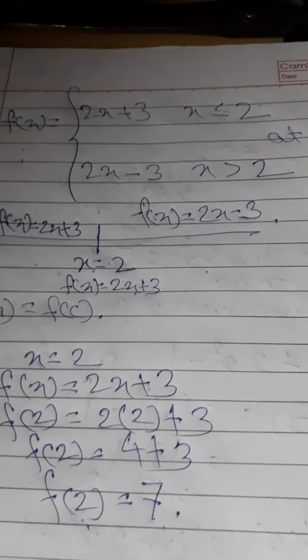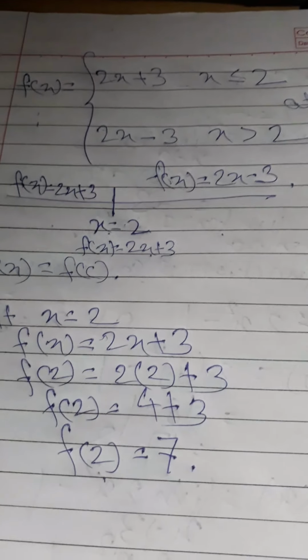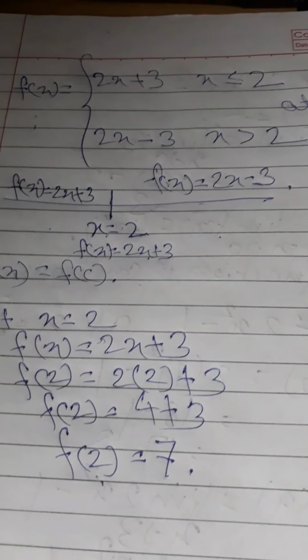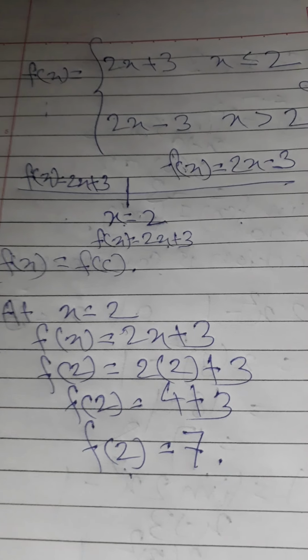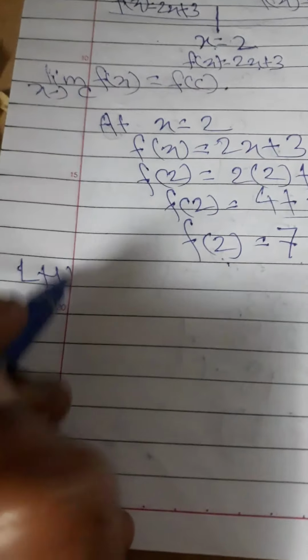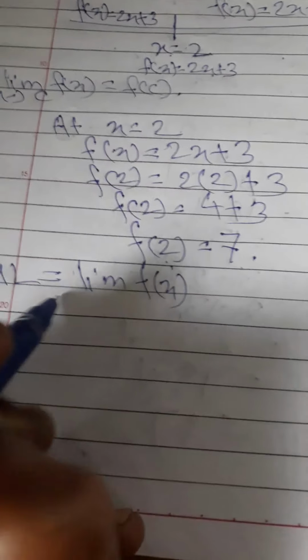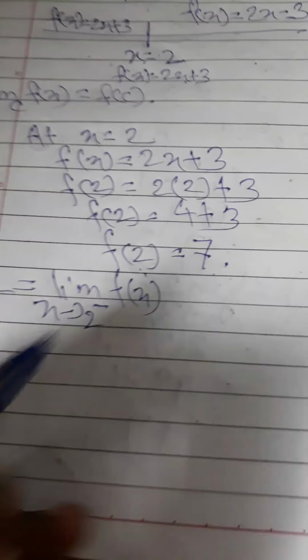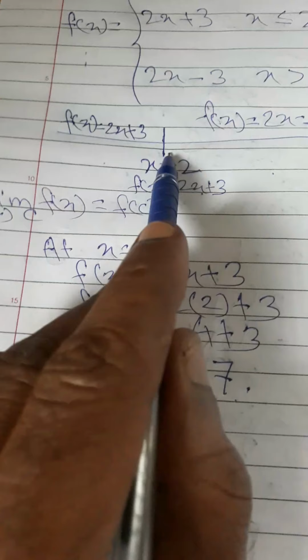Now here if I want to find the limit of f of x as x tends to 2, I have to apply LHL and RHL, and both should be the same. Remember, both the limits should be the same. So first I will try LHL. Last year you studied the limit of f of x as x tends to 2 minus. How is the function defined for the values less than 2?